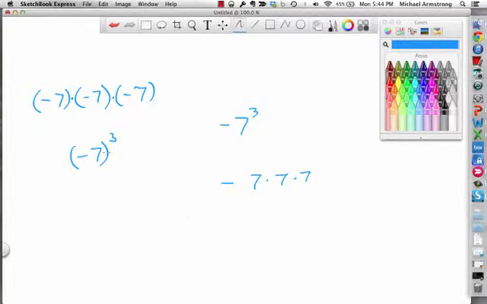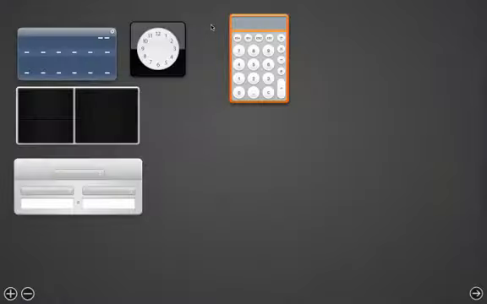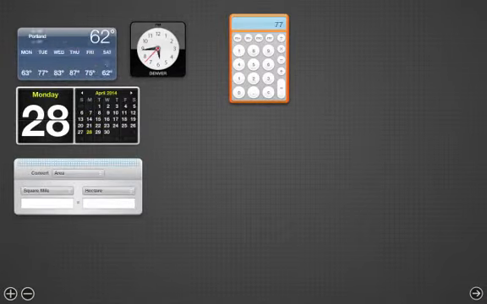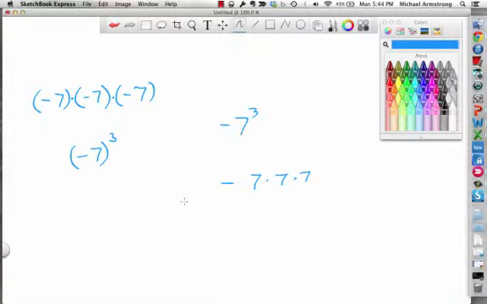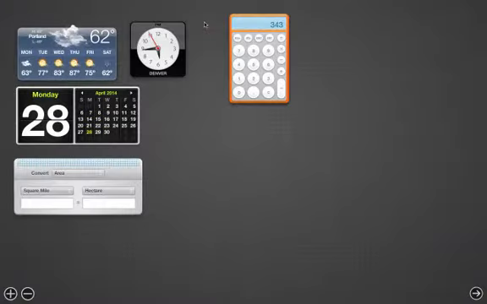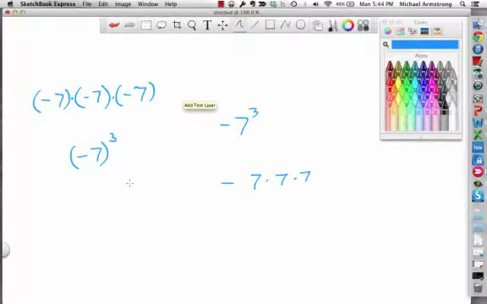So 7 to the third power is 7 times 7 times 7, which is a pretty big number. We could go up real quick just to see what it is. 7 times 7 is 49, times 7 is going to be 343.